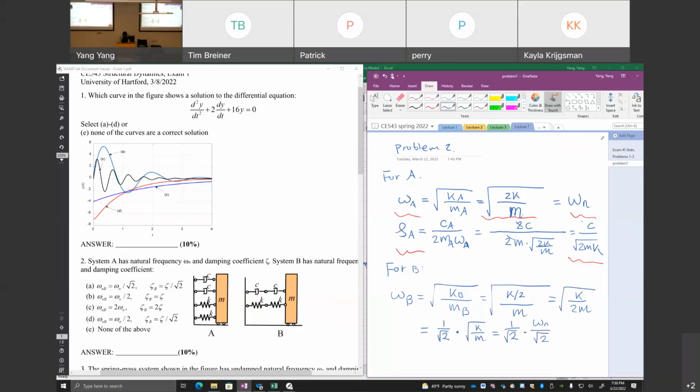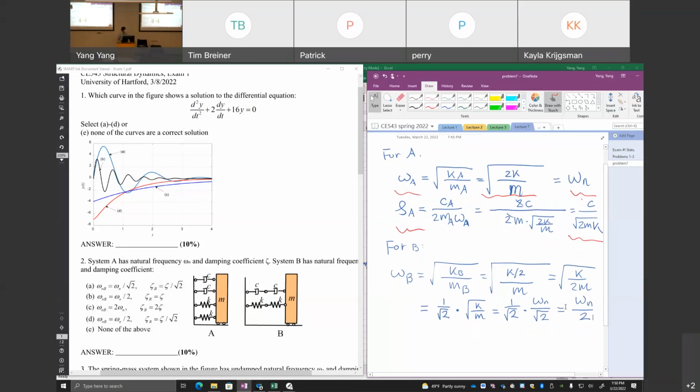So this is omega n over square root of 2.